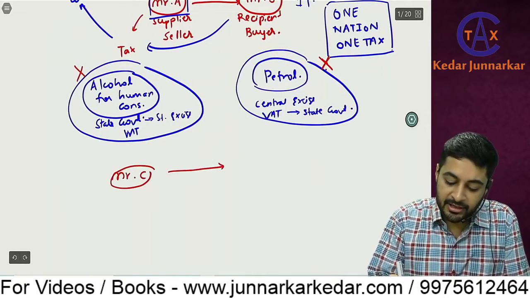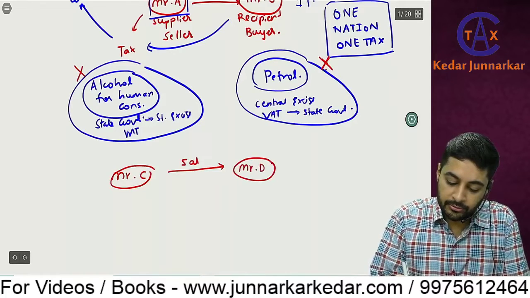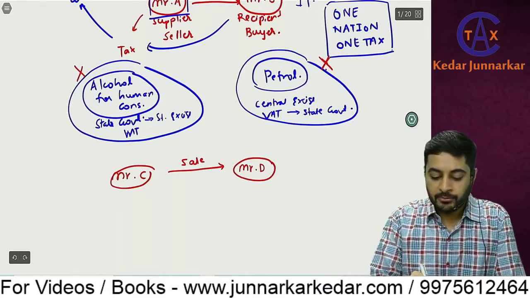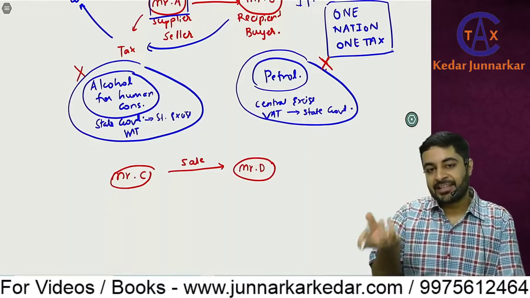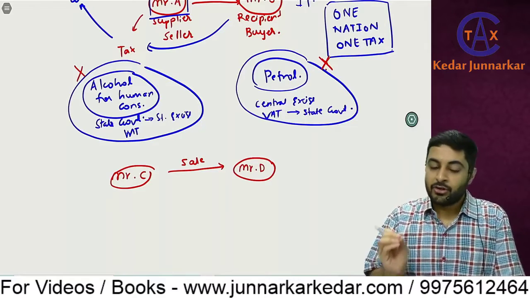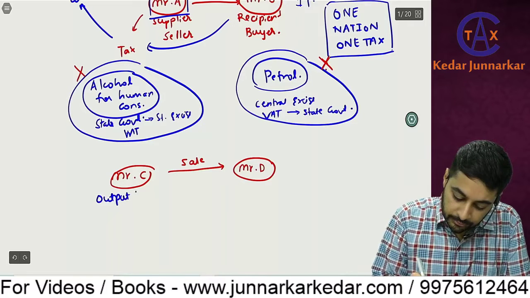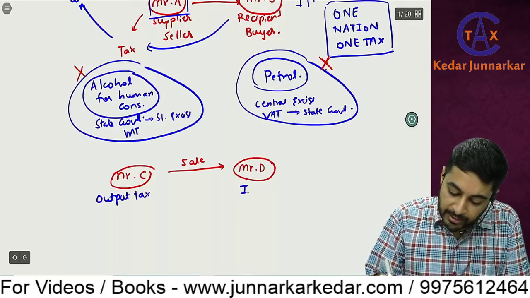There is Mr. C who sells goods to D. So C will collect tax from D and pay to government. Is it clear? For C it is called output tax, and for D it is input tax.